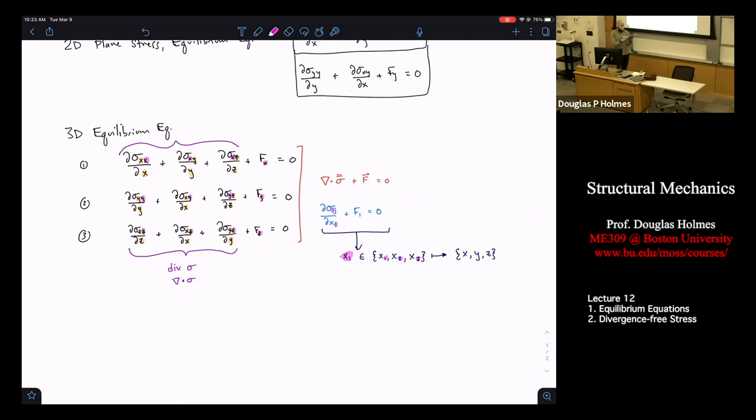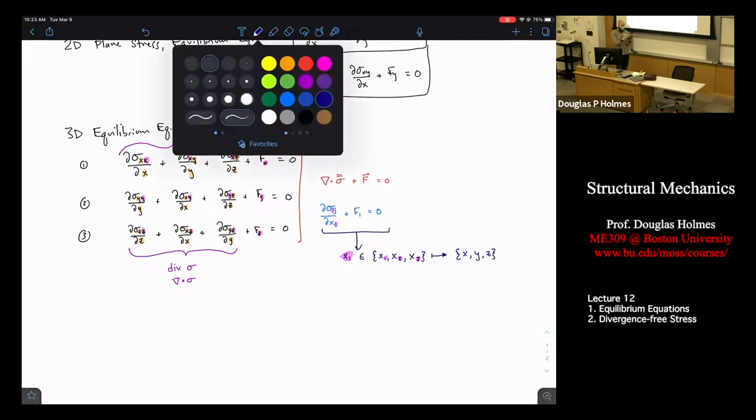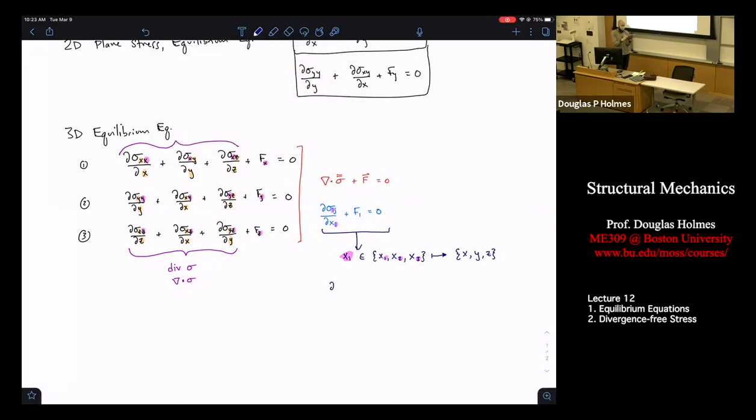So this notation is really compact, and what it means is you start to unpack it. You say, well, this could be like the partial derivative of sigma xj dx, I'm going to have the partial derivative of sigma yj dy, the partial derivative of sigma zj dz.